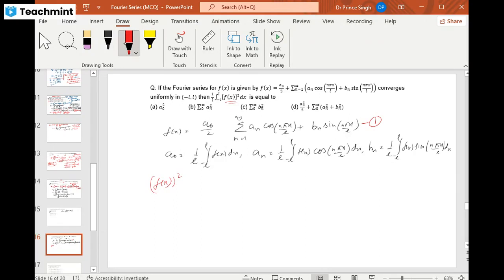If you see the options, we need a naught square and the square of the terms only, so we need the relation with the Fourier coefficients. So I multiply throughout with f of x.